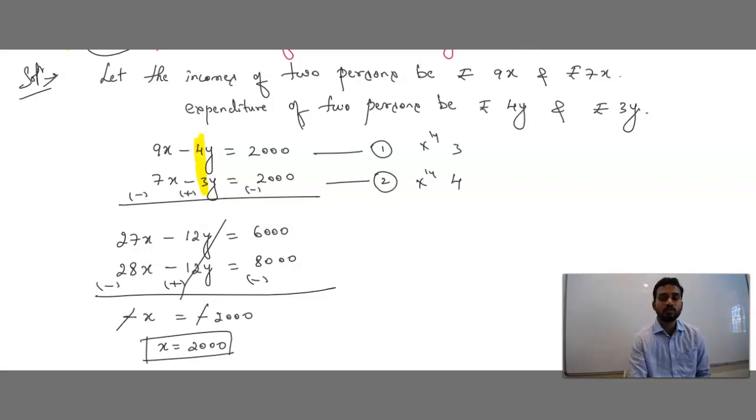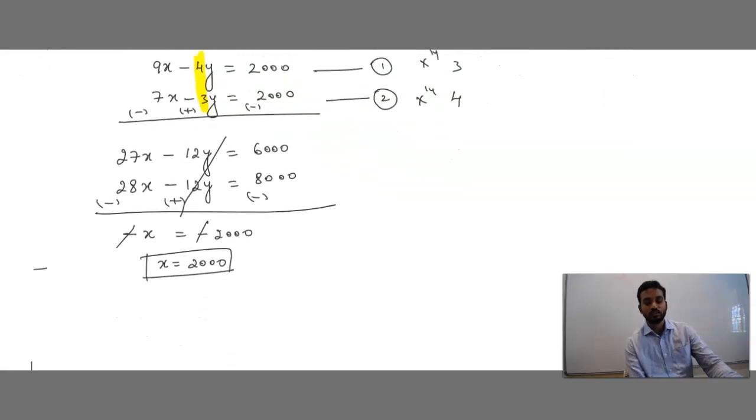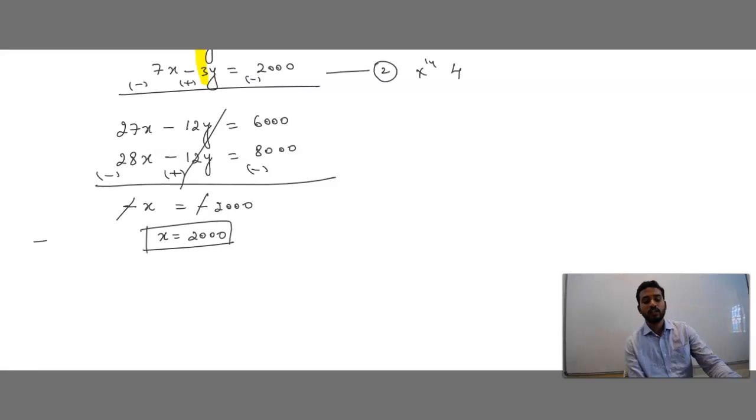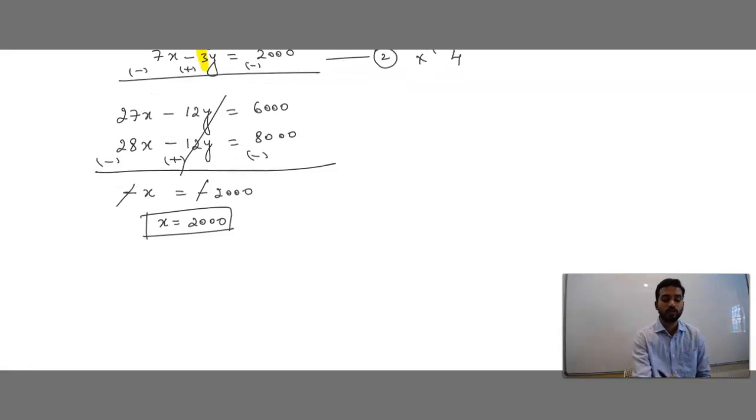Now see equation 1 and equation 2. Which is the least one? Shall we try equation 1 or equation 2? You can try any of the equations, but always give preference to the least numbers so that your calculation will be simple. Now let me substitute in equation 2. Put the value of x in equation 2.